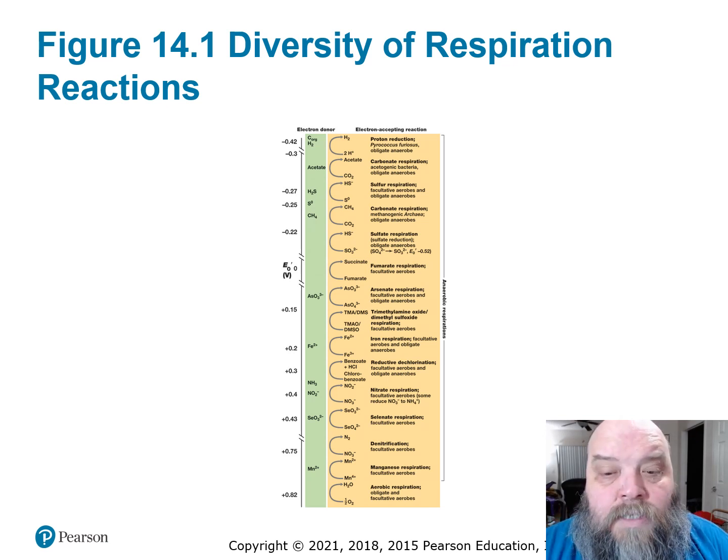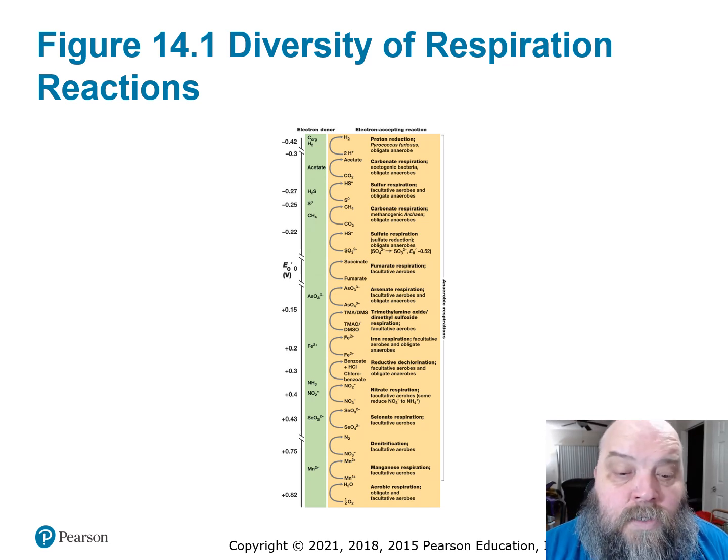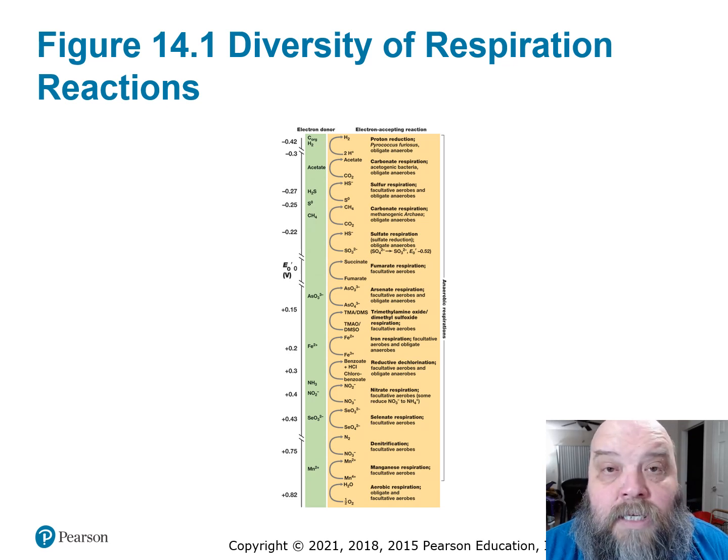What we have done is we've studied all the different types of reactions you see here in the center of your screen. You go and you look at this, figure 14.1 in the textbook, where you can see it a little up close, a little more personally.